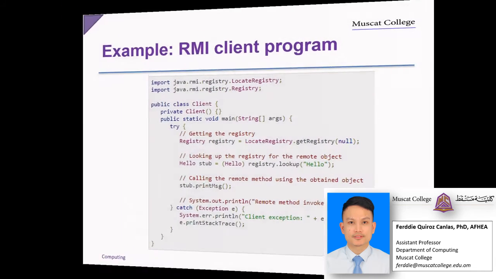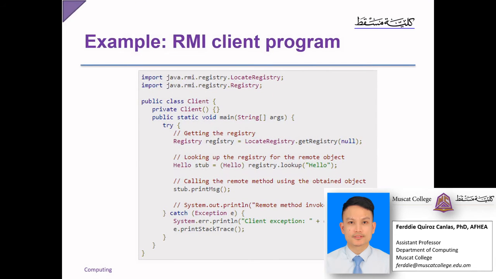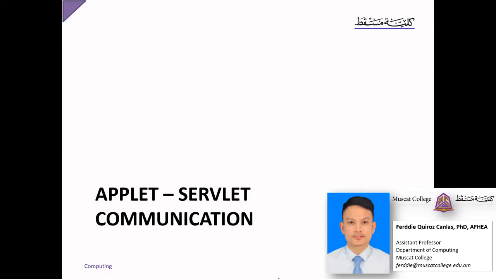Okay, then you'll be adding this on the client program. Okay, Hello stub = registry.lookup("Hello"). Okay, so this is how we create a stub. And then we go with the lookup to see the Hello here, and we expect that this will display a hello world.